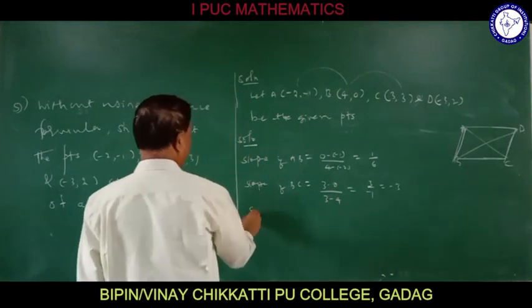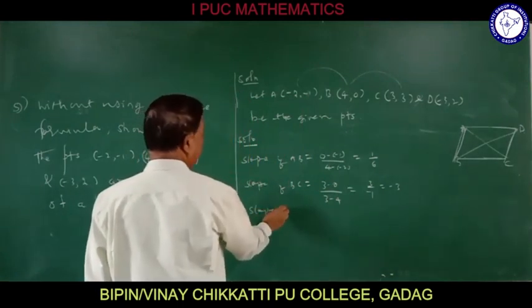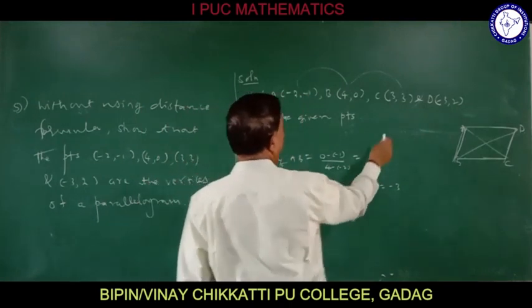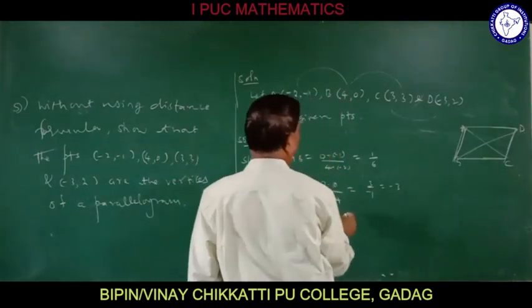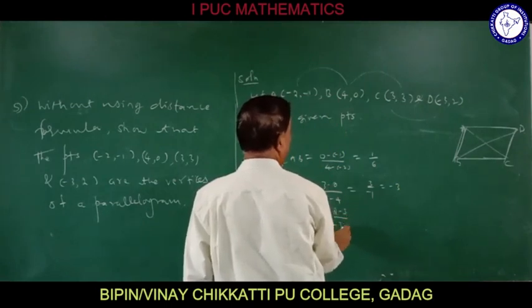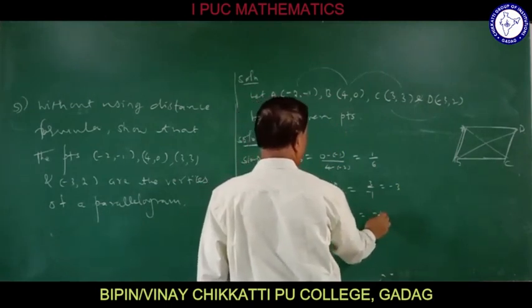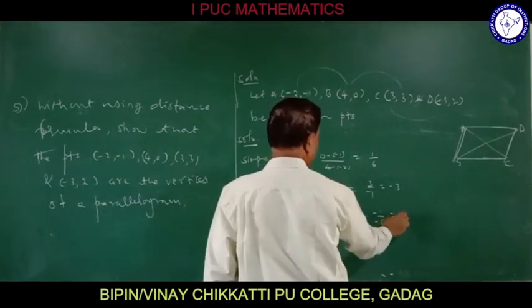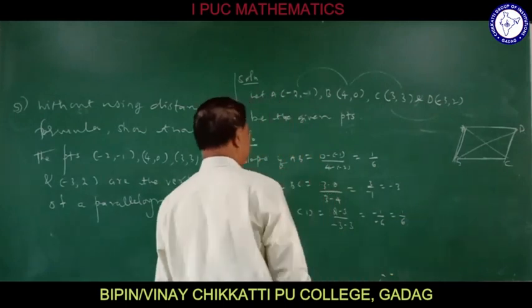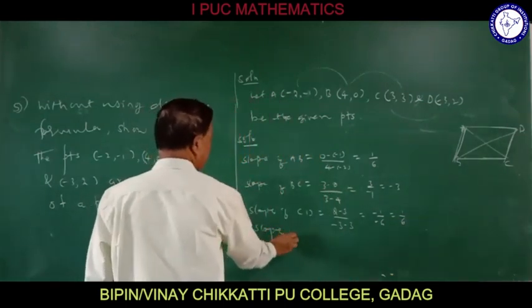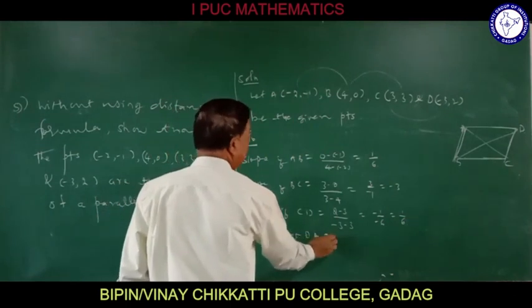Next, slope of CD: y2 minus y1, 2 minus 3, divided by -3 minus 3, that is -1 by -6, so 1 upon 6. Next, slope of DA we want.